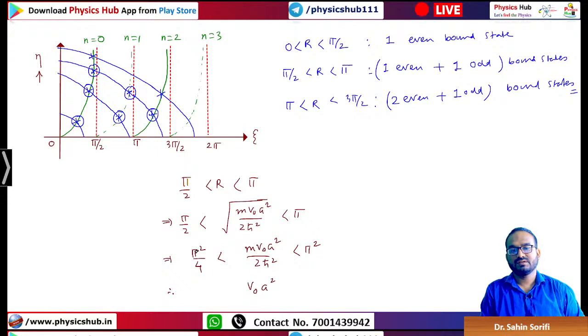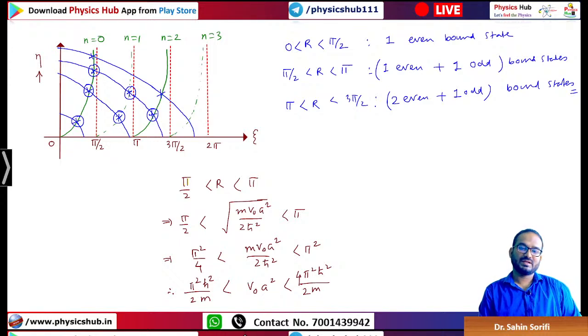So pi square h cut square by 2m we can write, and here pi square h cut square by m, so if you want to write 2, it will be 4.